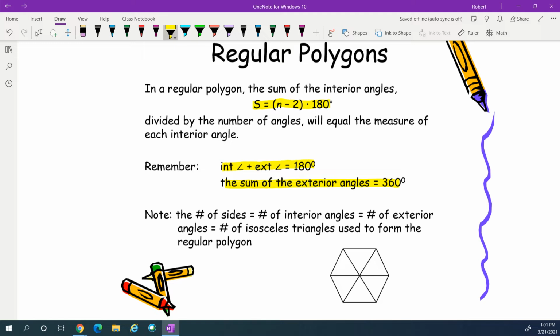It's important to note that the number of sides, in this case 6, is the same as the number of interior angles, which is the same as the number of exterior angles. And in fact, if we split it by drawing in all the diagonals, it's the same as the number of isosceles triangles. So we have a lot of uniformity, a lot of symmetry, a lot of repetition.